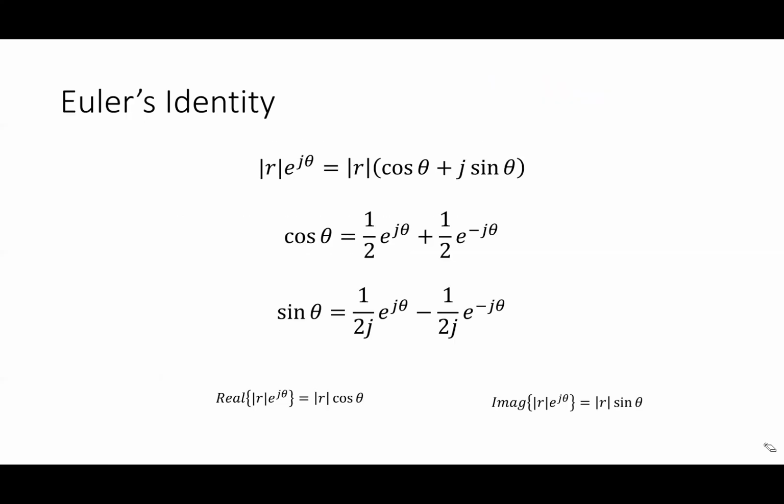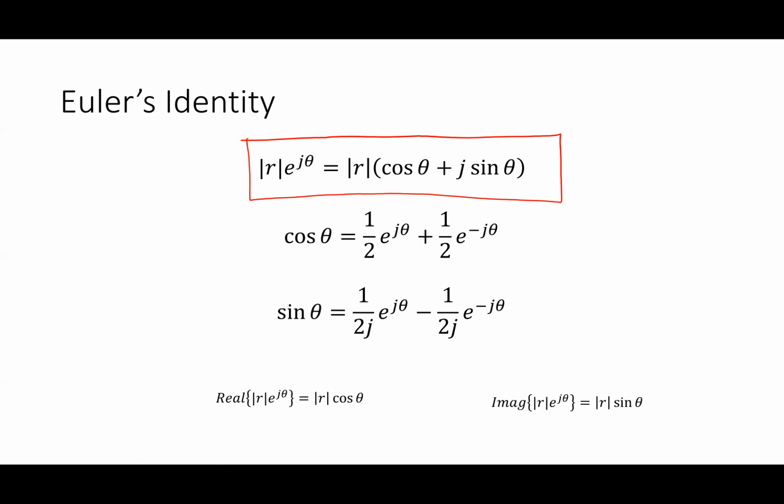One other thing I wanted to make sure, this is on that other slide, but I put together here in one slide a quick summary of everything that I consider to be a relationship that's from Euler's identity. Euler's identity is this top guy here. If I have a complex number, r e to the j theta, it's r cosine theta plus j times r sine theta.